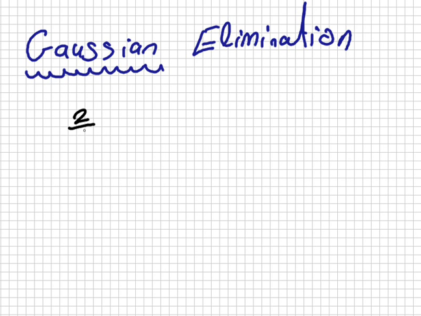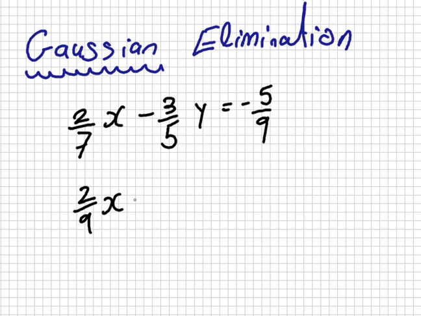So 2 over 7 x minus 3 over 5 y equals minus 5 over 9. 2 over 9x minus 1 over 2y equals 5 over 7. Now, if you use the graph method, your answer will be very inaccurate.